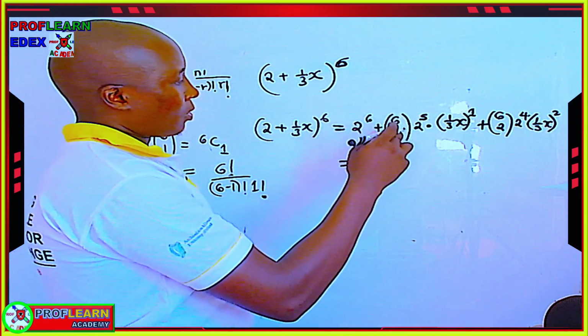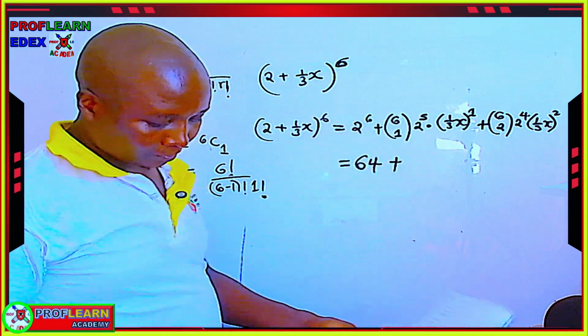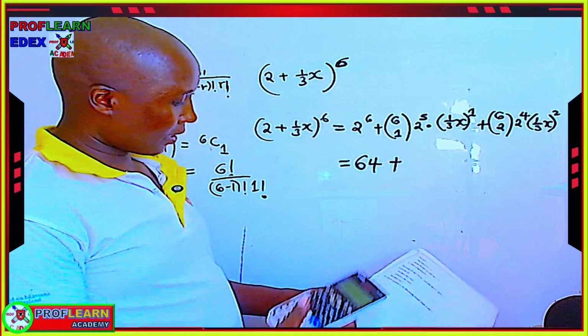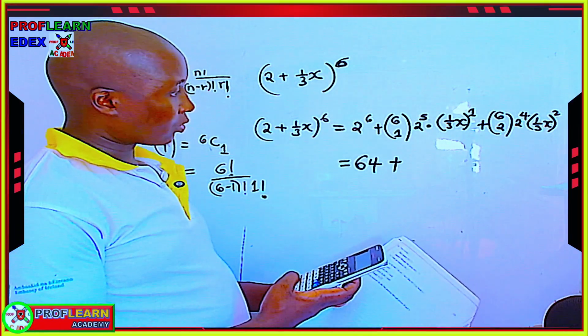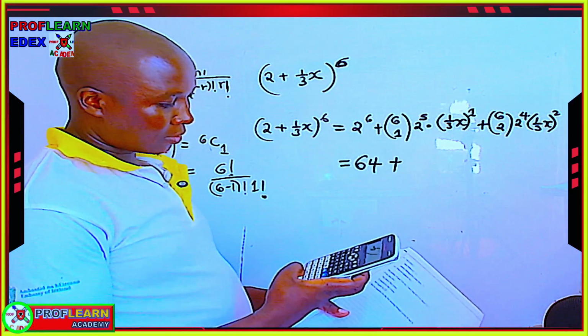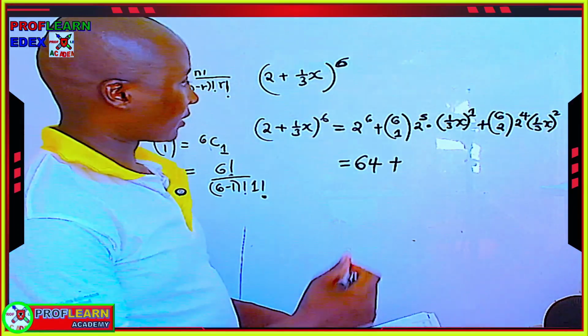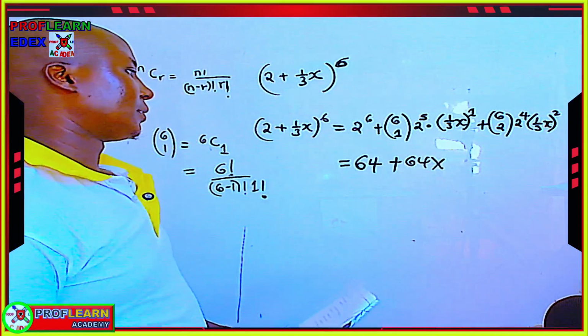So 6 combination 1 is going to be 6, and that 6 times 2 raised to power 5 gives us 192 times 1 over 3, that translates to 64. So the second term here becomes 64x.